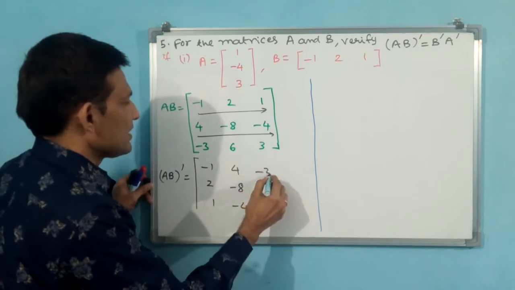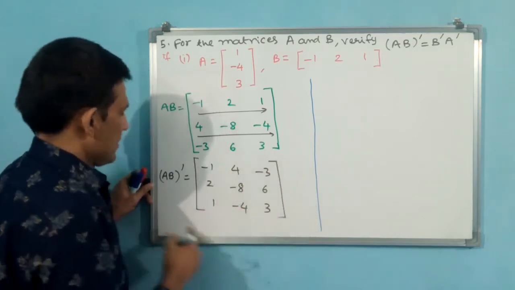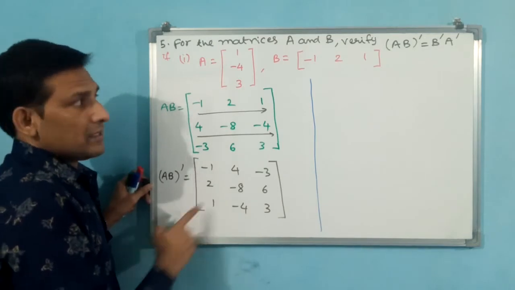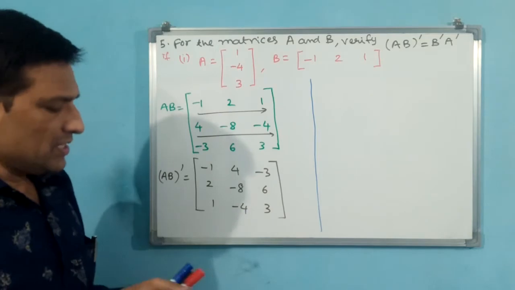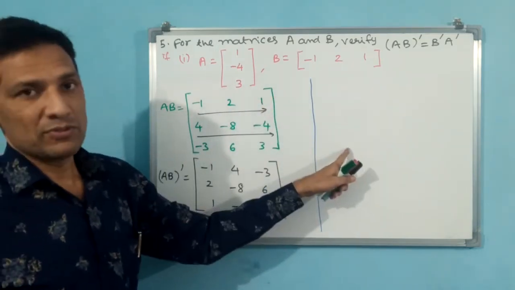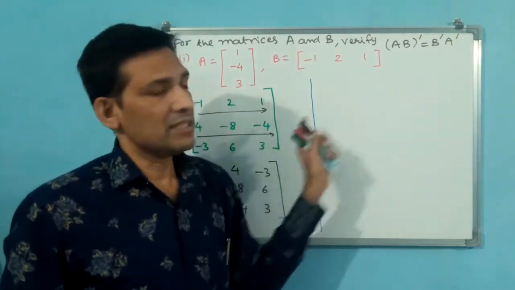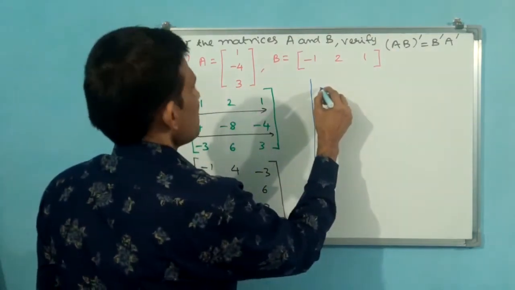The third row will become the third column. This is the LHS. What you have to do here? You have to do B transpose into A transpose. For doing this, first you write B transpose, then you write A transpose. Okay?